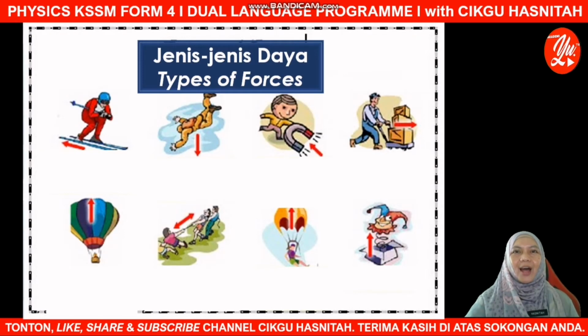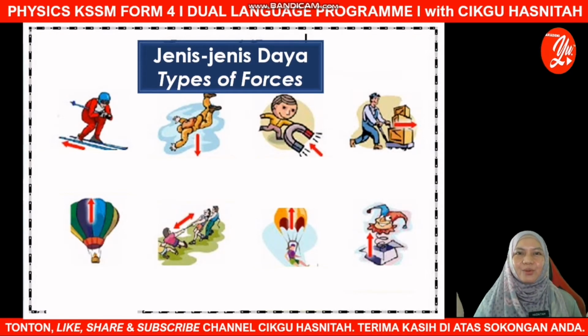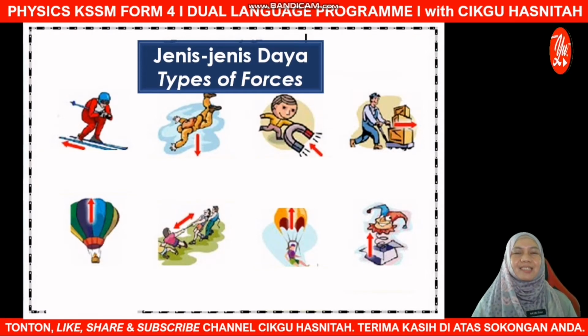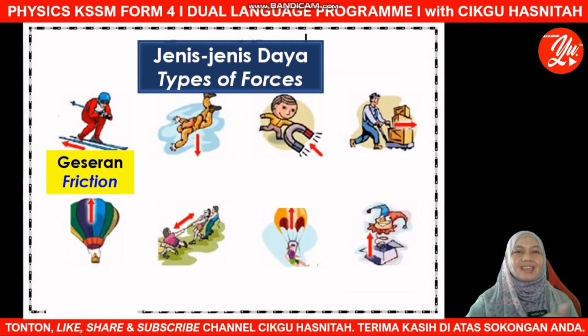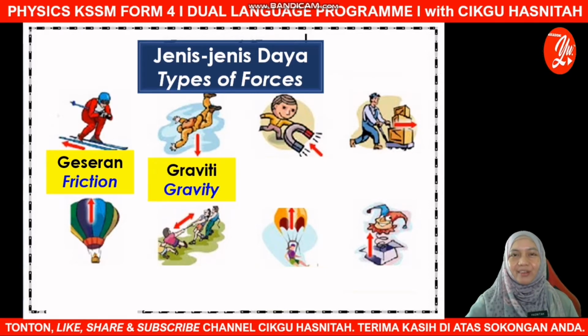Okay, now how about this? Can you name the types of forces involved in all these diagrams? The first one is friction, frictional force. How about the second? Very good. This is gravity, gravitational force involved there.